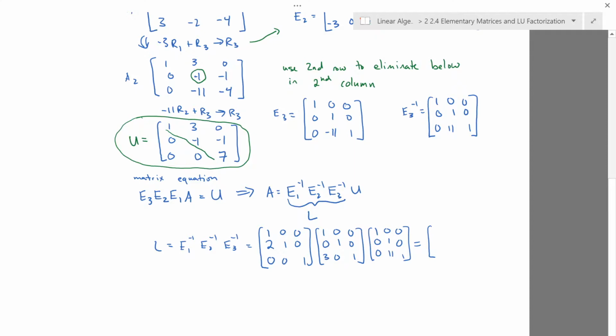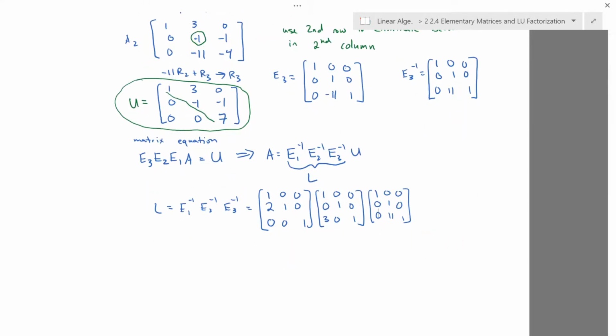Okay, so what do I get as my lower triangular matrix? Let me multiply these two first, right? I'm running out of space, so let me do it a little bit smaller. Multiplying these two, this is 1, 0, 0, and then this will give me a 2 here, and a 1 here, 0, and then this will pick out the third row, so 3, 0, 1 here, and this matrix stays the same.